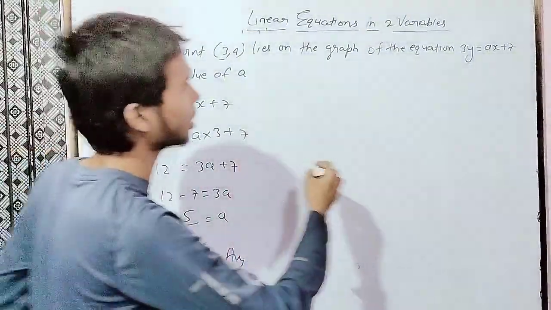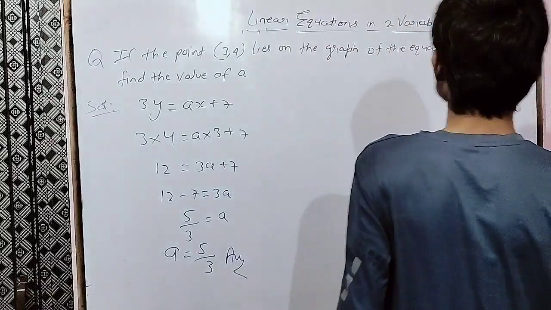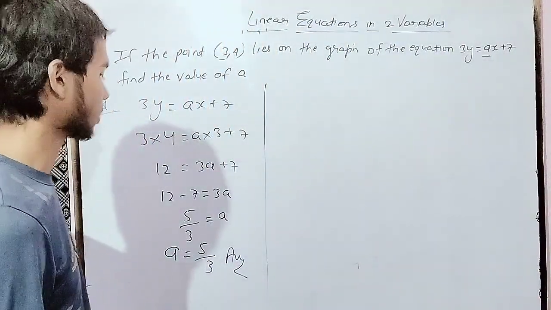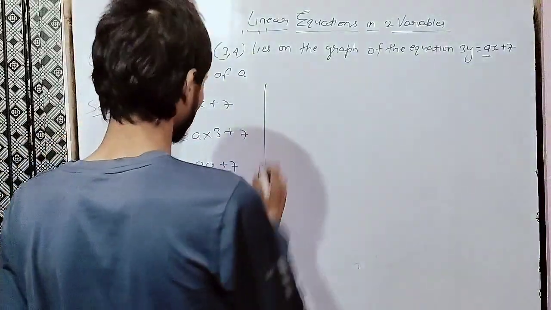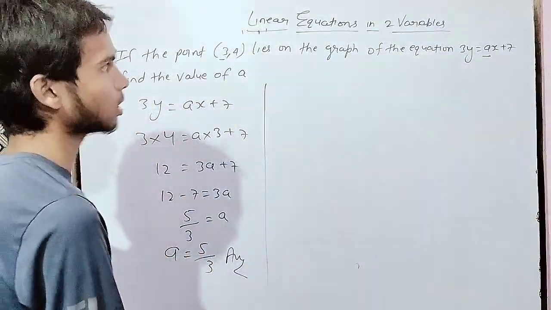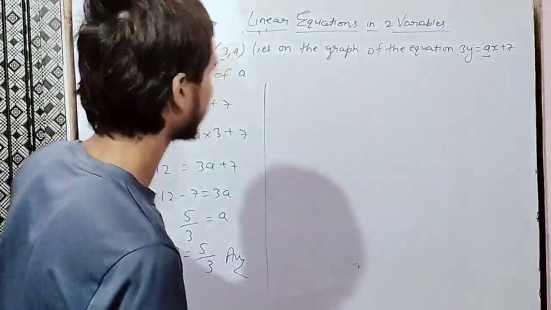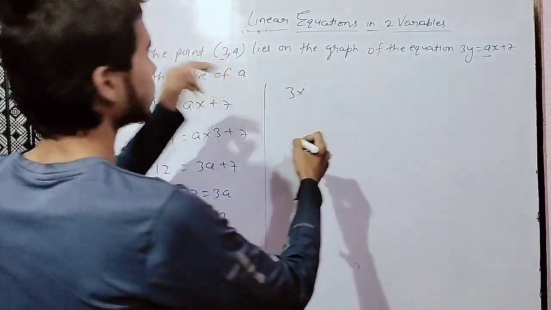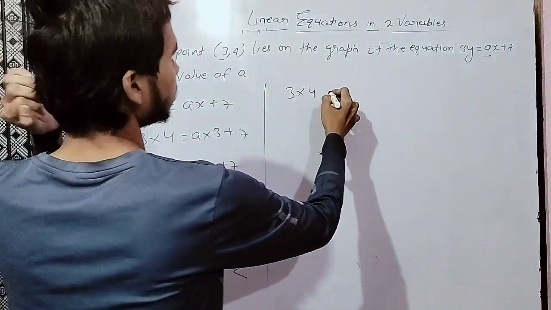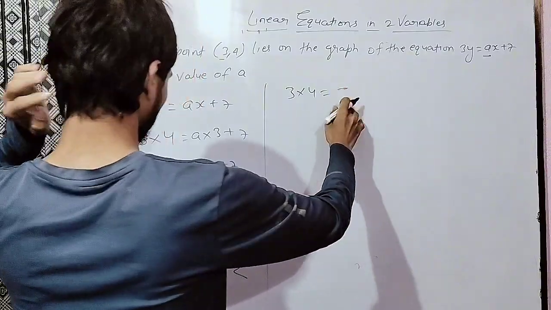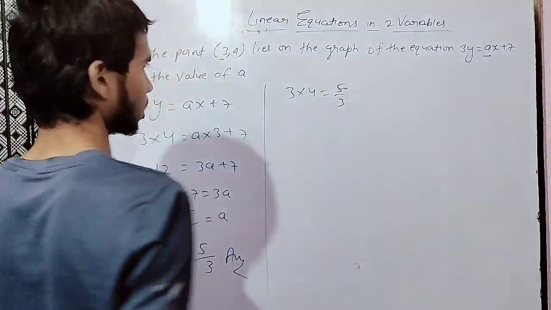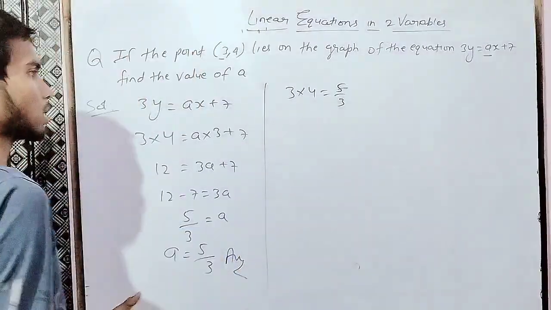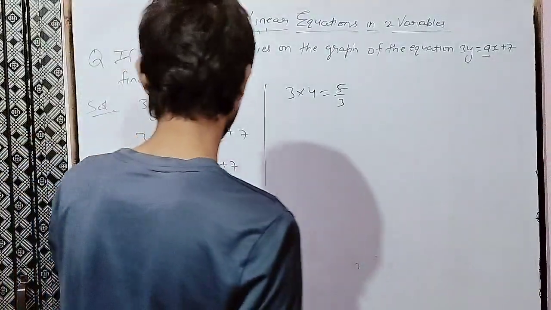So in place of a it is 5 upon 3. We can even check our answer. Is our answer correct or not? How? Just put the value 5 by 3 in place of a. Then 3 multiplied by y was 4, and a is 5 upon 3. If LHS becomes equal to RHS, then we can say our answer is correct.